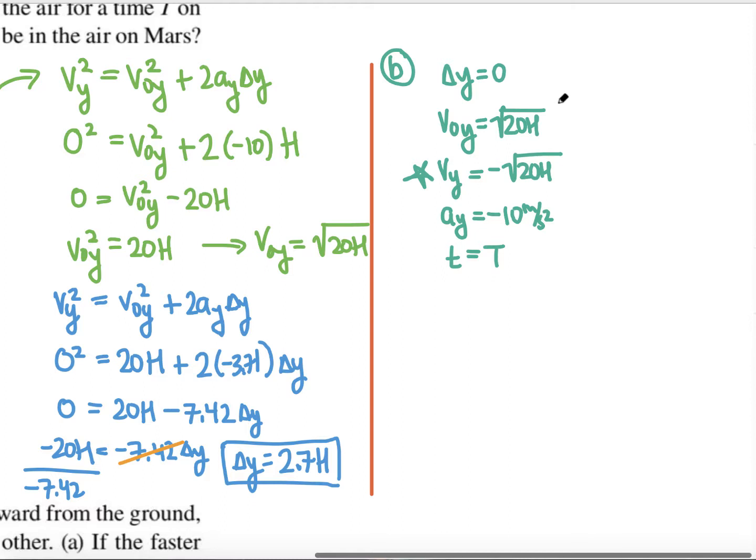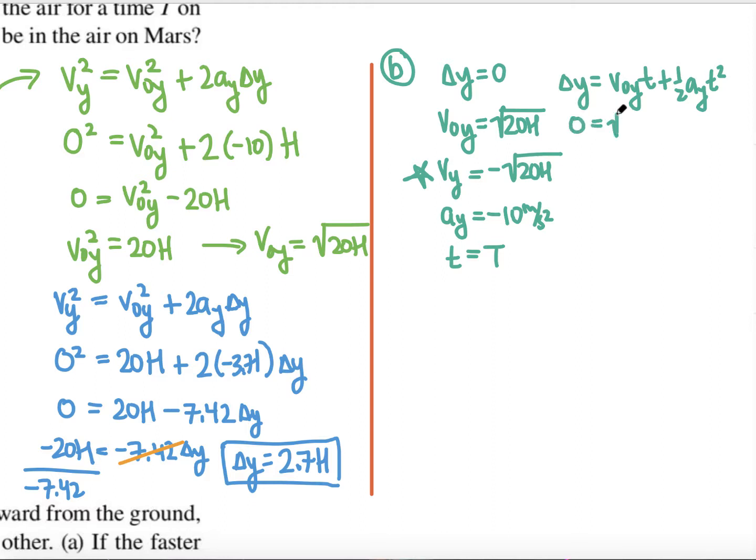Now, this is not going to be super easy, but if we go and look at the second kinematic equation, so delta y equals v naught y t plus 1/2 a y t squared, and substitute in everything we know. So we have 0 equals square root of 20 times h, now, instead of little t, we have capital T, plus 1/2 times negative 10 times capital T squared.